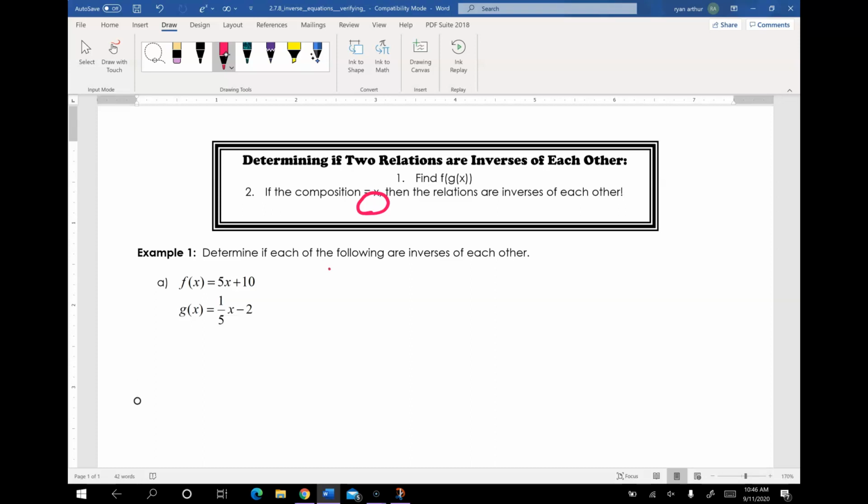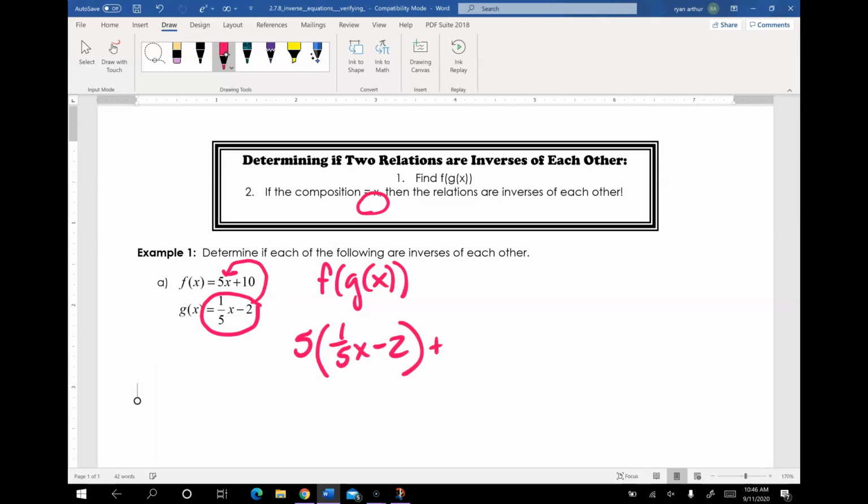So let's find f of g of x. So I'm going to take g of x, and I'm going to substitute it into f of x, okay? So when I do that, I've got 5 parentheses, because when we substitute, we use parentheses. 1/5 x minus 2, close your parentheses, and then we have the plus 10. And now we're just going to simplify, okay?